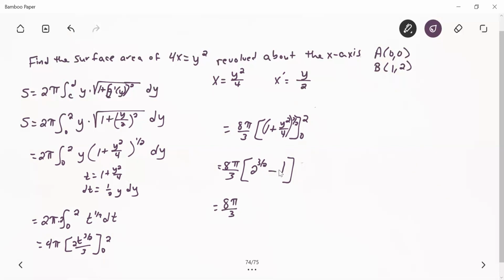That's the square root of 2, quantity cubed, so 2 raised to the 3/2, and then I'm going to subtract 1. 2 raised to the 3/2 minus 1 gives me about 1.82, and I'm going to multiply that by 8 pi divided by 3.